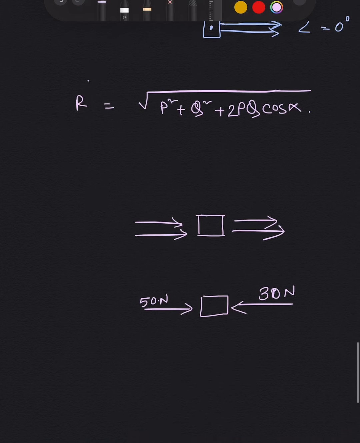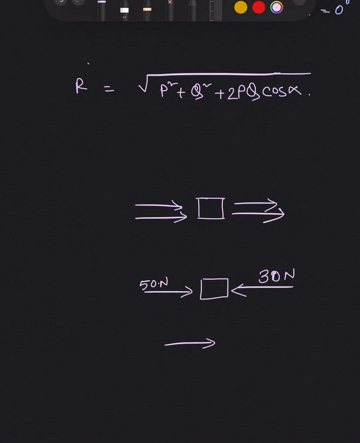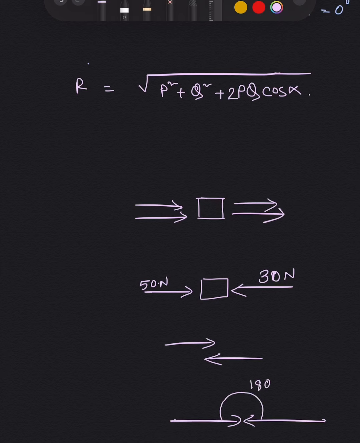See, the directions of these two vectors are exactly opposite to each other. So the angle between the vectors is 180 degree, and the value of cos 180 degree is minus 1. So in order to find the minimum resultant, you need to take the vectors opposite to each other. That is, the angle between these two vectors will be 180 degree.